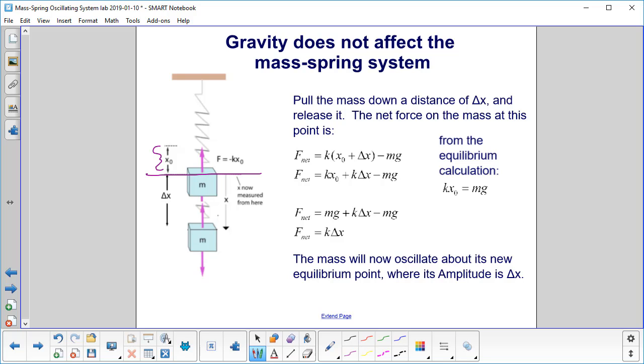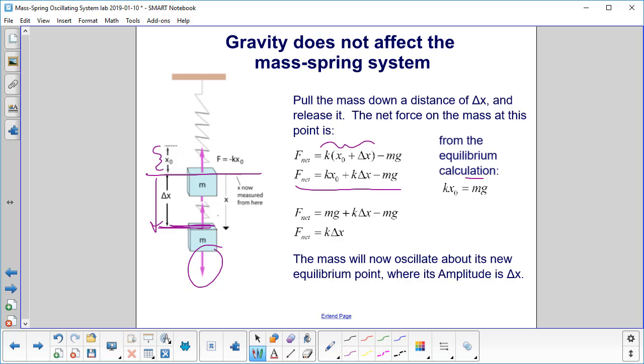So what is the net force if we now pull the spring down to a distance delta x and let it go? Well, down here, the net force is going to be in the up direction. F is equal to k times x0 plus delta x, because that's how much it's stretched from its original point, minus mg. We've got gravity going down again. We distribute the k, and we get kx0 plus k delta x minus mg.